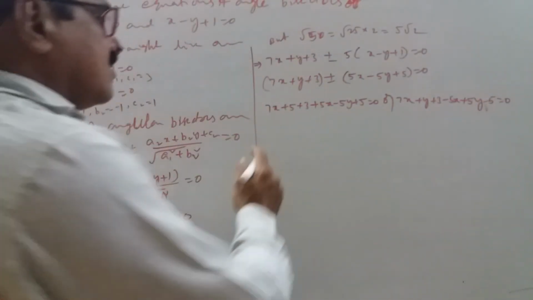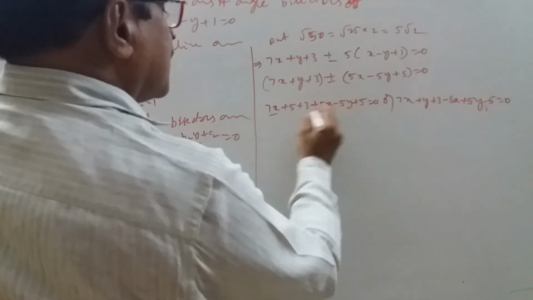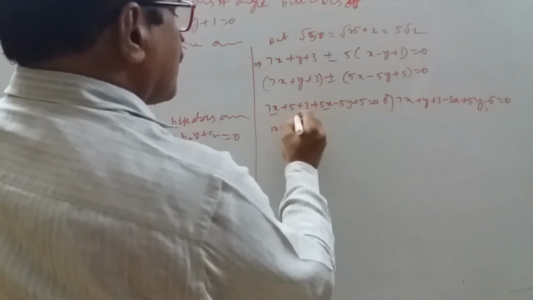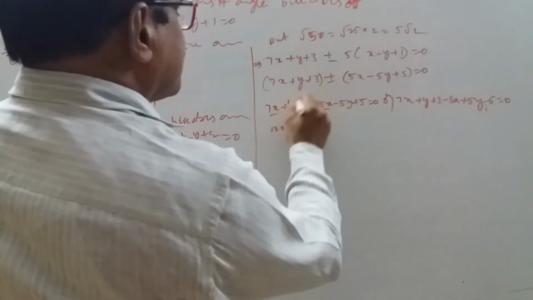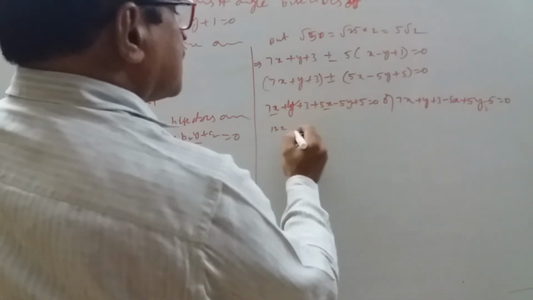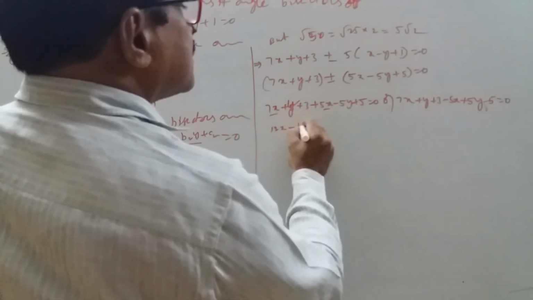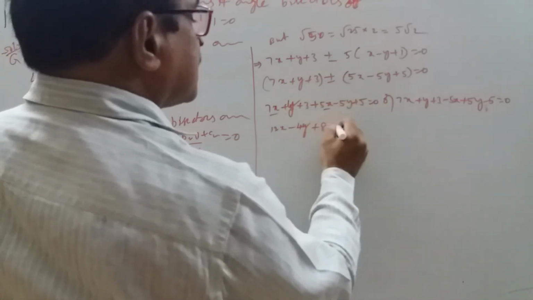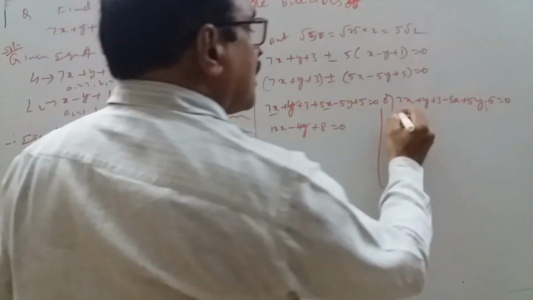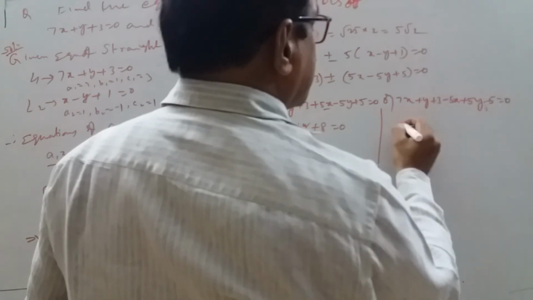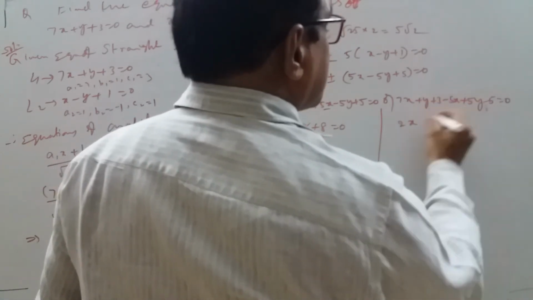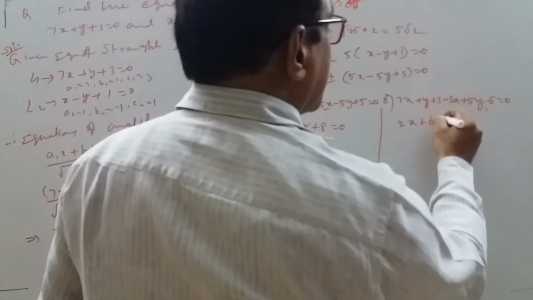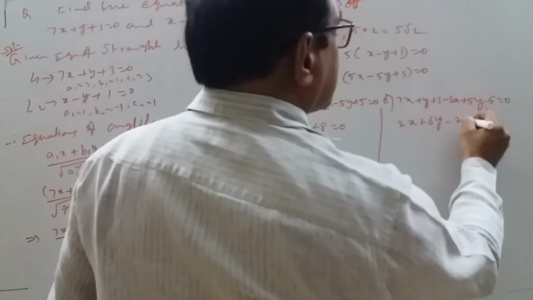Okay. By simplification, 7x + 5x is 12x, y - 5y is -4y, and 3 + 5 is 8, so 12x - 4y + 8 = 0. Or in this way, 7x - 5x is 2x, y + 5y is 6y, and 3 - 5 is -2, so 2x + 6y - 2 = 0.